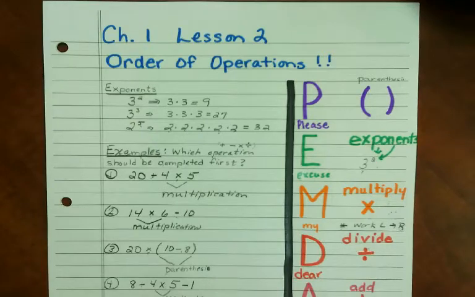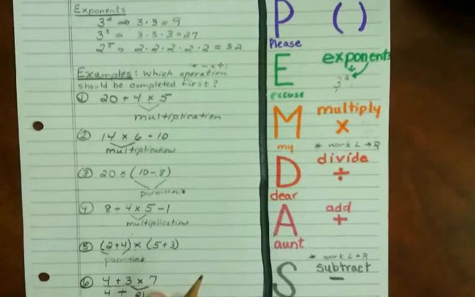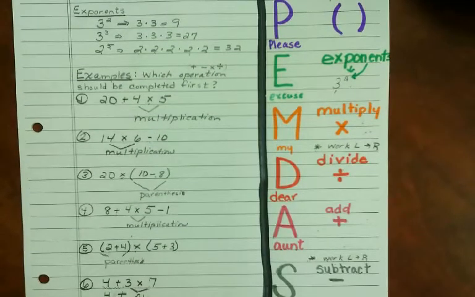Hello, second hour math. We are going to go over the second half of order of operations, the stuff we did not fully go over yesterday. As a refresher, let's go over the order of operations again.